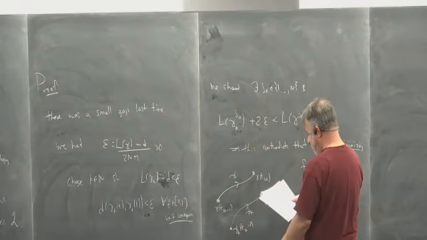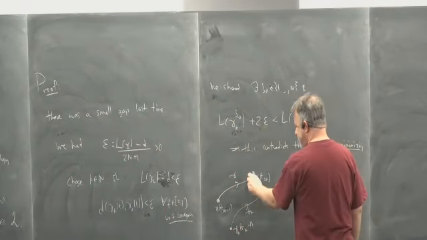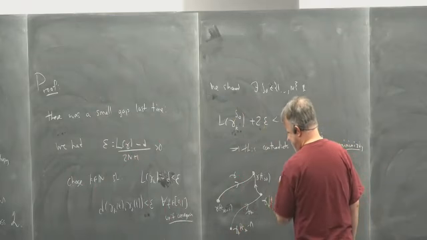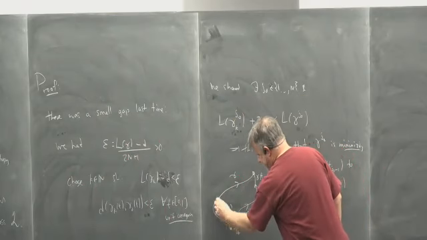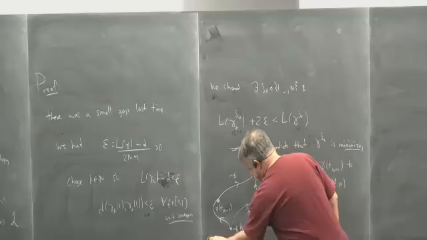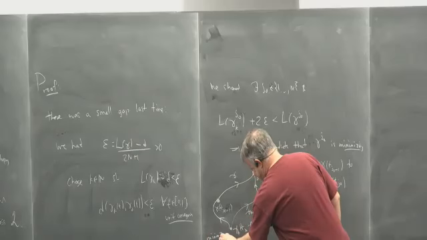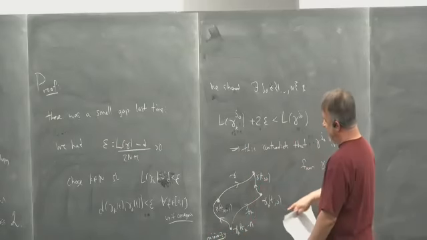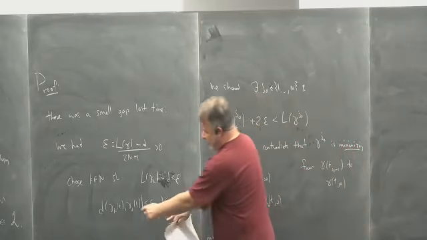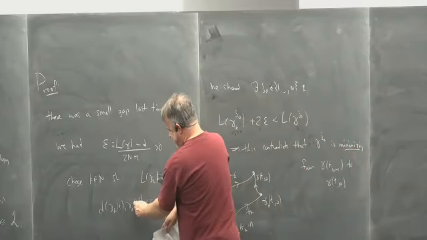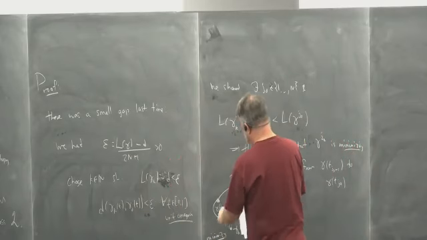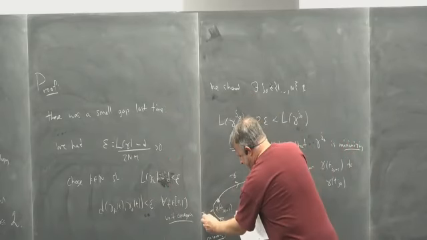Okay, so why is there a contradiction? Well, I know that there exists a minimizing geodesic joining these points. These are minimizing geodesics. And because the distance between gamma k of t and gamma naught of t is less than epsilon, and these points are the same as gamma naught, right?